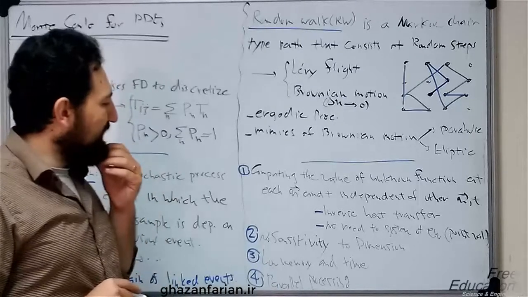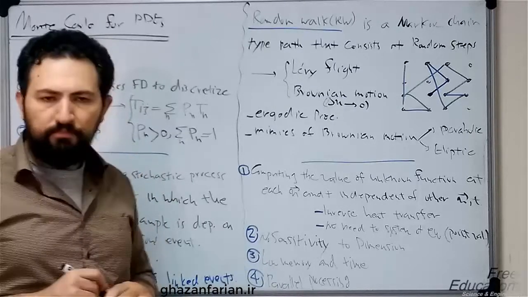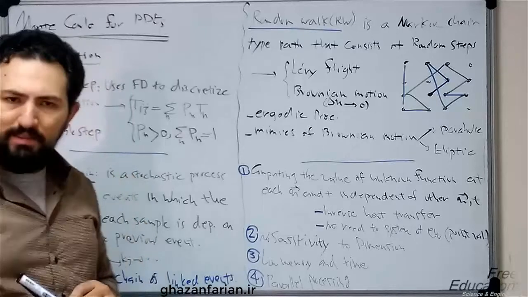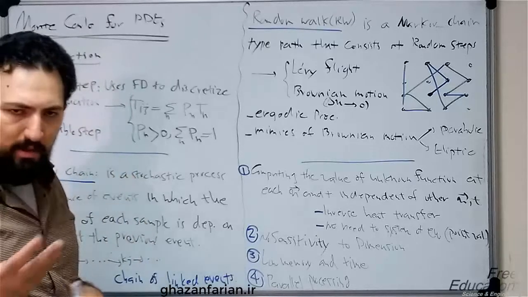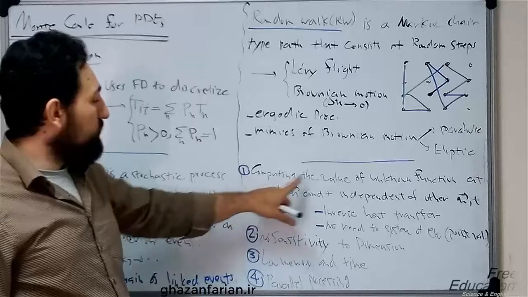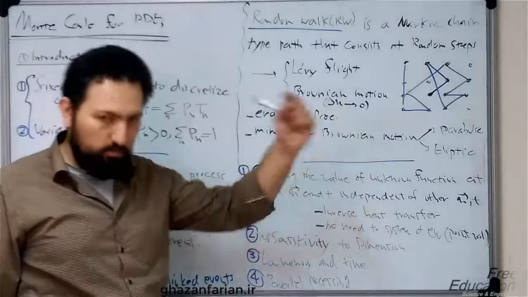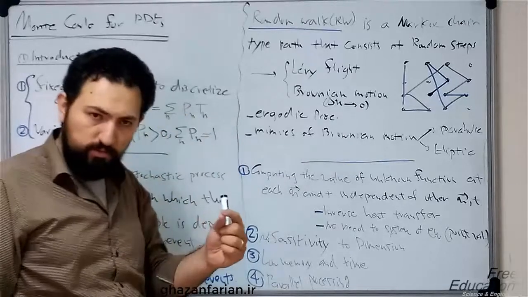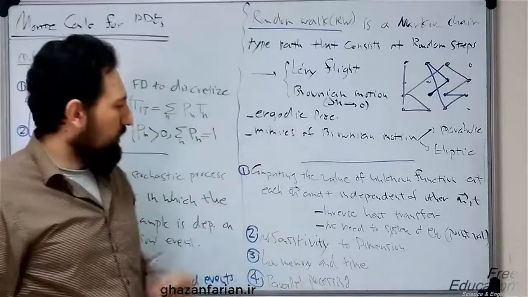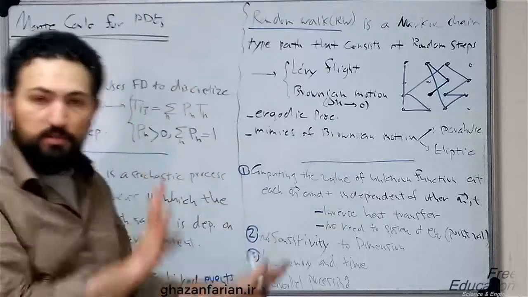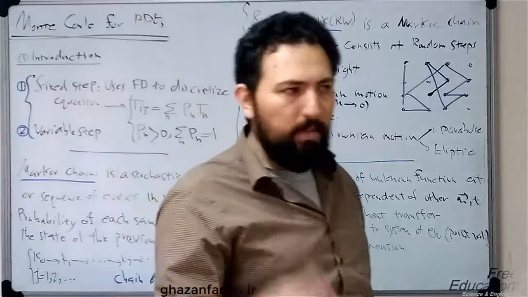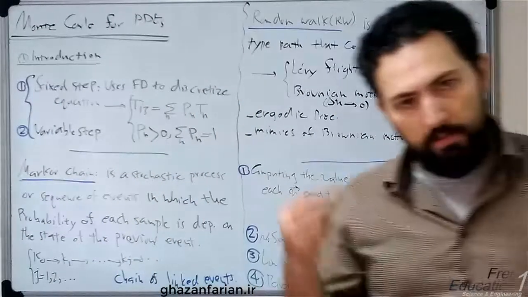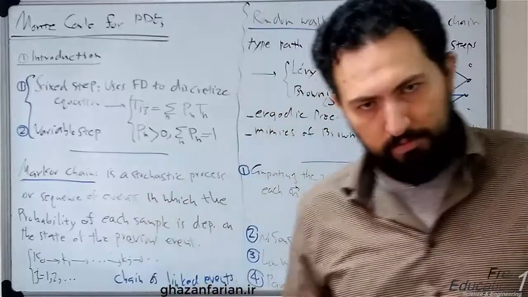But before that, let's speak about the advantages and disadvantages of the Monte Carlo method. It is used to compute the value of the unknown function at each point in space or position and time, independent of other positions and times. This is the main advantage of the Monte Carlo method for the solution of partial differential equations.